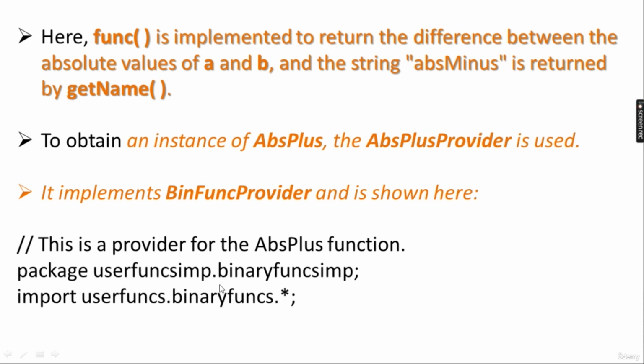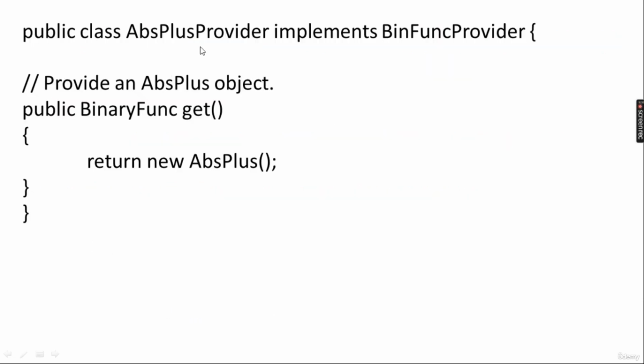Package user.functions.implementation.binaryfunctions implementation. Import user.functions.binaryfunctions. Public class AbsPlusProvider implements BinaryFunctionProvider, and the AbsPlus object. Public BinaryFunction get() { return new AbsPlus(); }. So get will give you the object of the BinaryFunction interface. Which class do we want here?